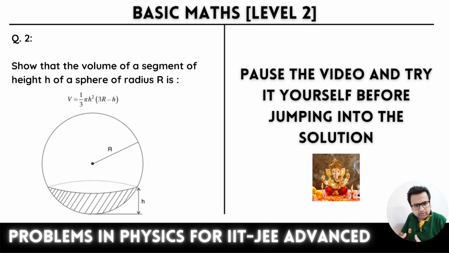We have a sphere, and they are telling us that in the sphere we are taking any segment with height h, as you can see in the diagram. The shaded segment of height h, we have to calculate its volume. Ultimately the goal is to calculate its volume. They have already given the value and you have to prove it.